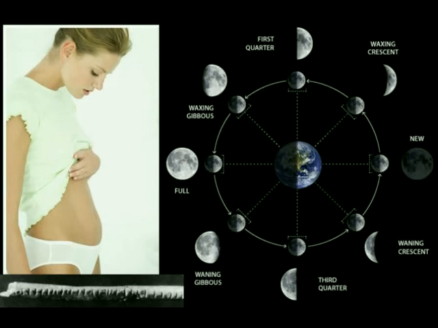So they probably did notice that the length of the moon cycle was the same as the length of the female cycle. And the women of 37,000 years ago would have experienced the same symptoms that women of today experience as they approach their menstruation.